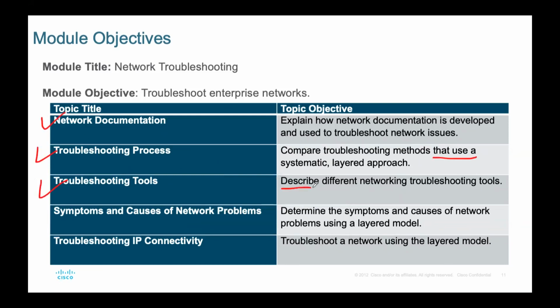Here you will describe different network troubleshooting tools, so we use a tool to do troubleshooting. And next, we have symptoms and causes of network problems. In this title, you will learn how to determine the symptoms and causes of network problems using a layered model.